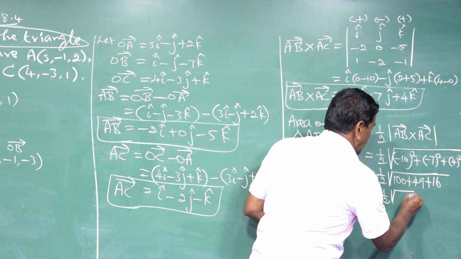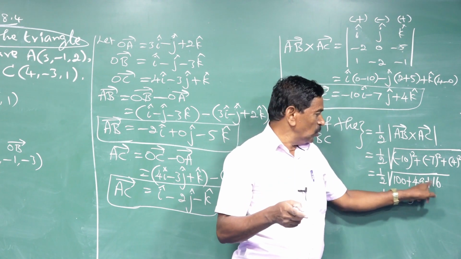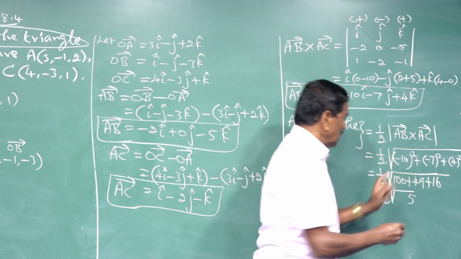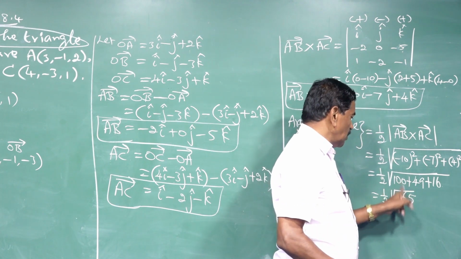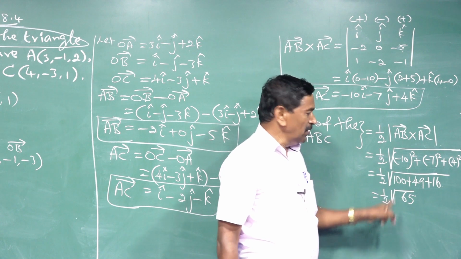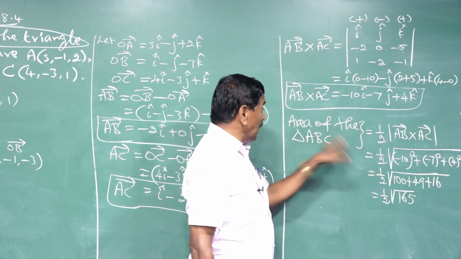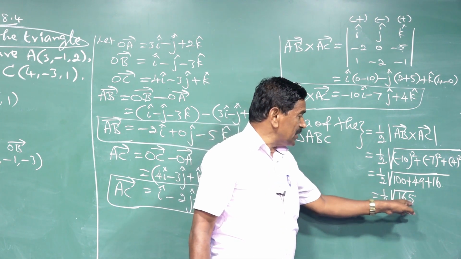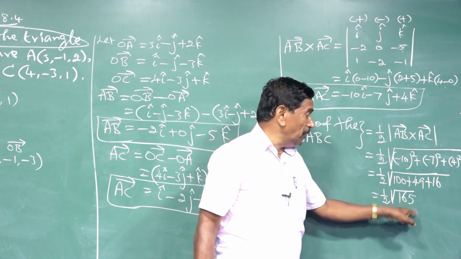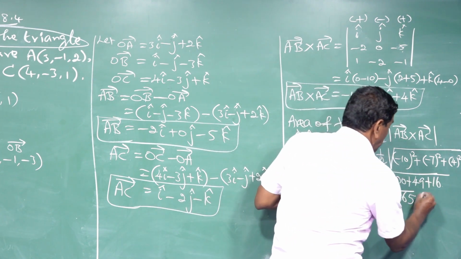Write 5, remainder 1. 1 plus 1, 2; 2 plus 4, 6; next 0, so 6 plus 0, 6. Third digit, 1. That is 165. Therefore, area of the triangle ABC is equal to half into square root of 165 square units.